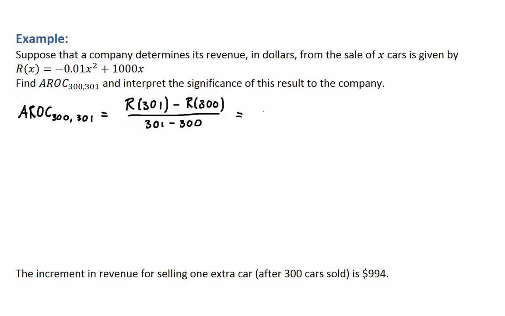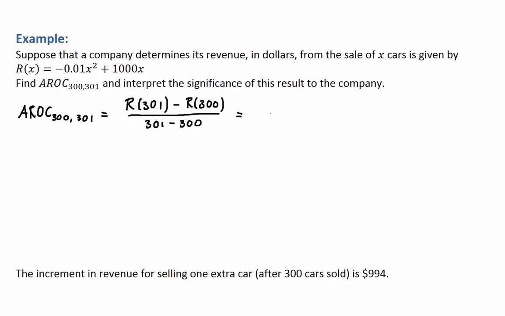So what we get here is the revenue of selling 301 minus the revenue of selling 300, divided by the difference between the numbers of cars. In this case, it's just one car, so this would just be the revenue at 301 minus the revenue at 300. So let's calculate that.